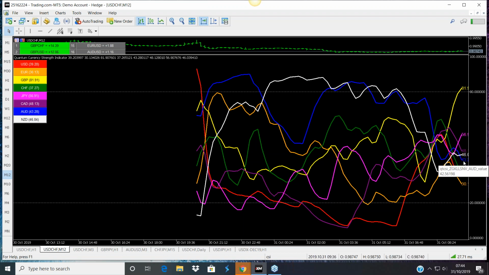So the dynamic in this pair is being driven at the moment by pound buying. But because the Aussie hasn't reached the equivalent point of exhaustion down at this point in the chart, there could be some potential, not so much for further gain in the pound, but more selling off of the Aussie.